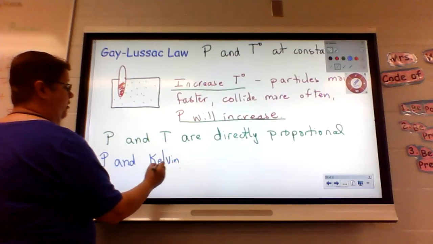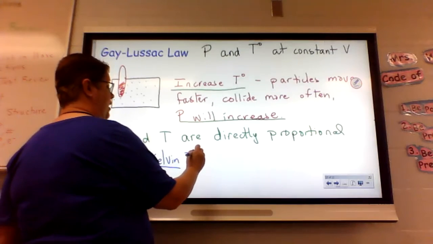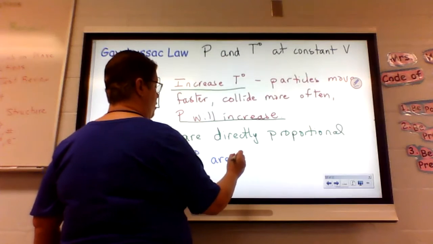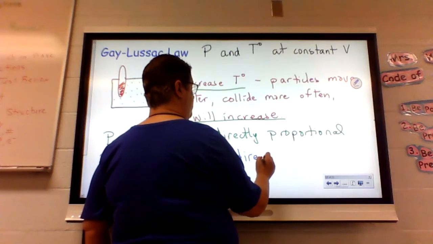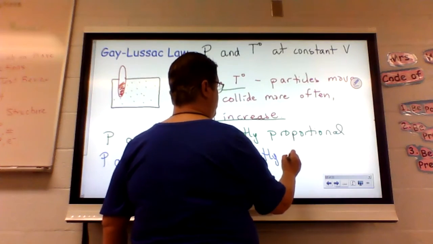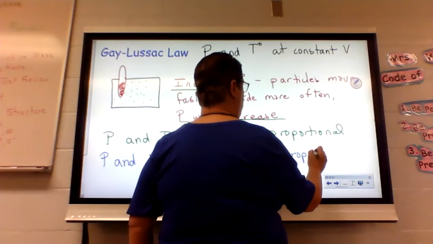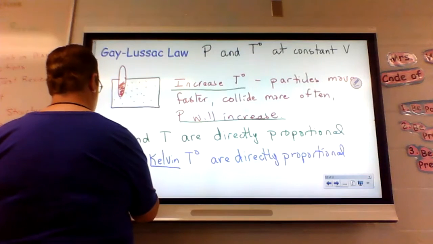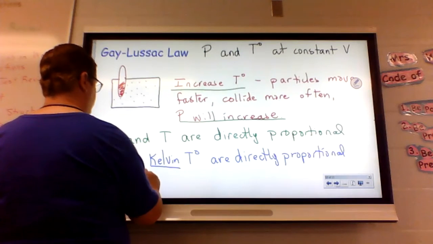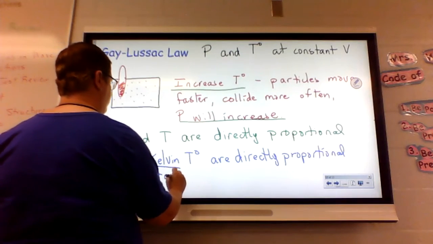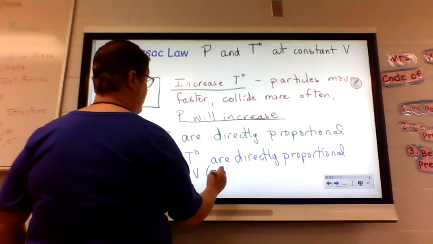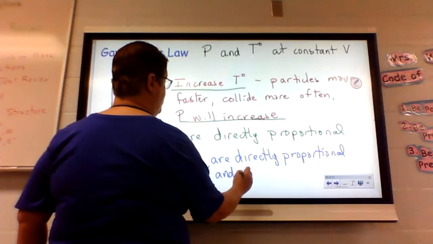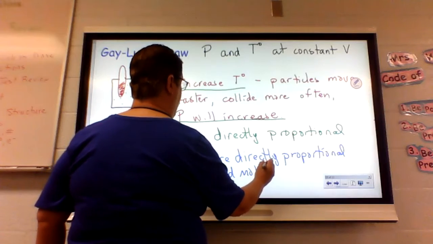We have to say Kelvin pressure and Kelvin temperature are directly proportional at what has to be constant, volume, and then again, I'm going to say and moles in parentheses because we're not doing moles right now.